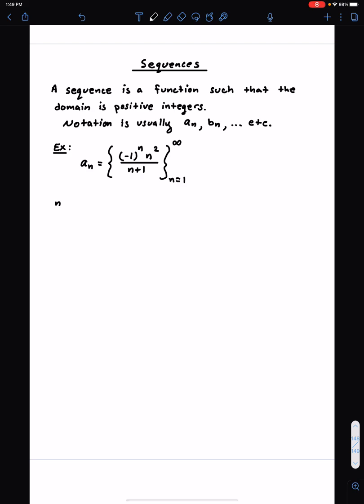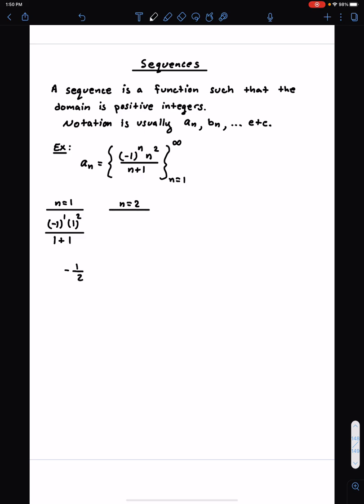So when n is 1, if I plug 1 in for n, I have negative 1 to the first, 1 squared, divided by 1 plus 1, which is equal to negative a half.